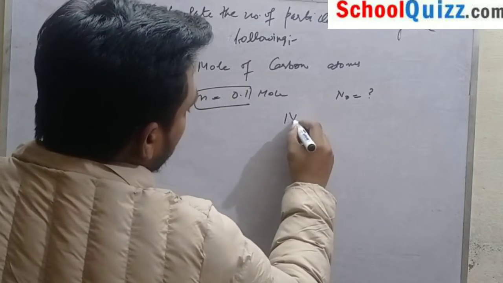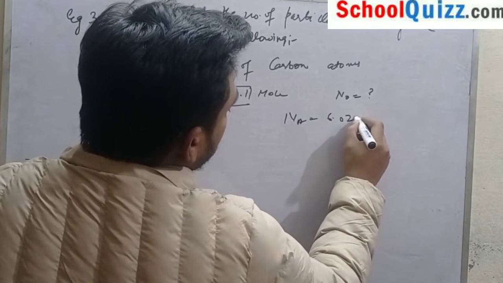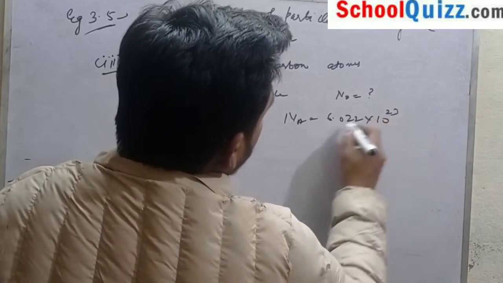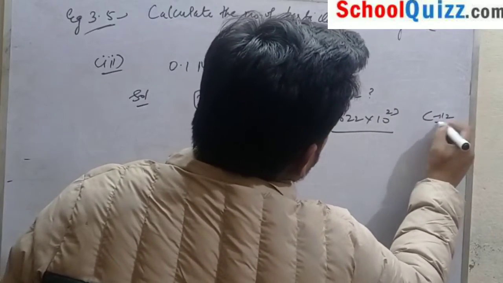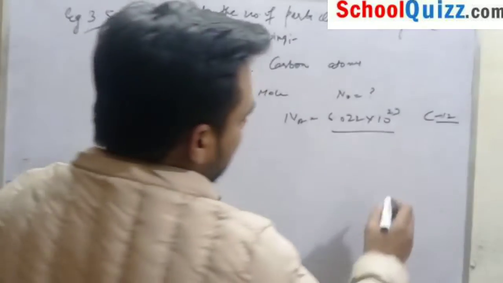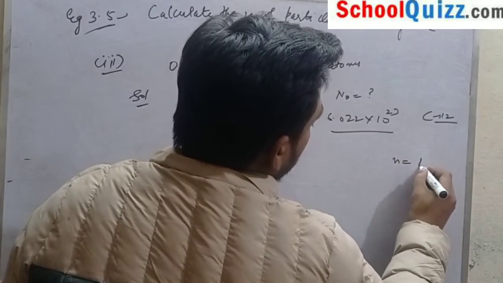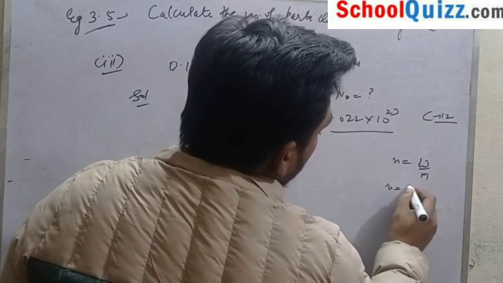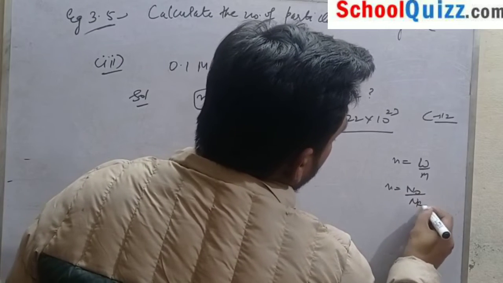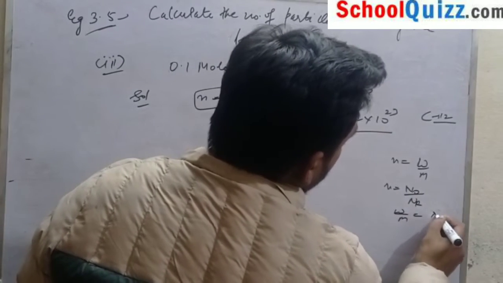As we know, Avogadro number is 6.022 into 10 is power 23, and carbon's mass is 12. So we will have formulas: n equal to w upon m, n equal to n naught upon na, and w upon m equal to n naught upon na.